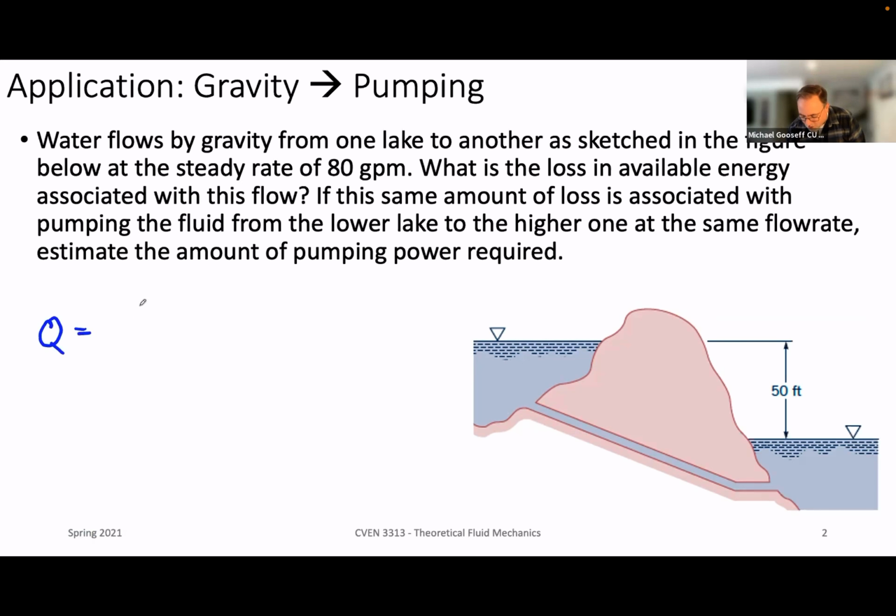All right, so we have 80 gallons per minute, and of course we need to convert to cubic feet and seconds.